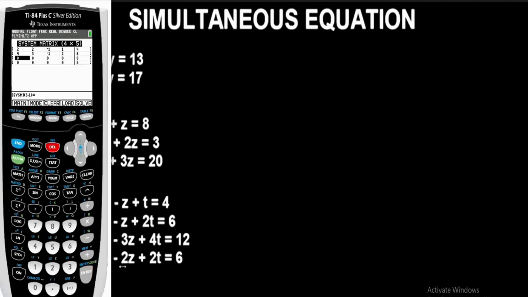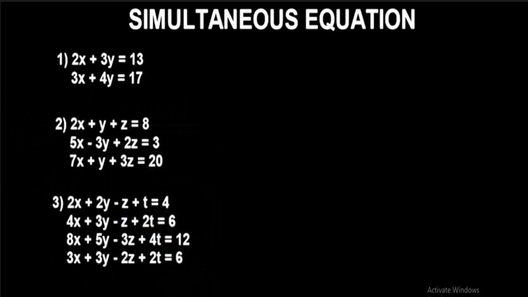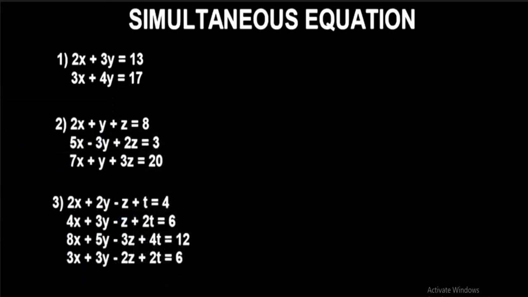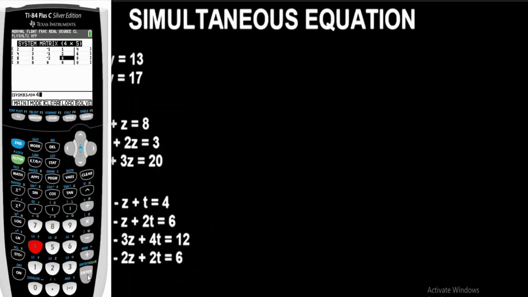Alright, so the third equation, we have 8x, which is what, coefficient is 8. Alright, we have 5y, coefficient is 5. Alright, so we have minus 3z, coefficient is what, -3. Okay, we have what next, 4t, coefficient is what, 4.